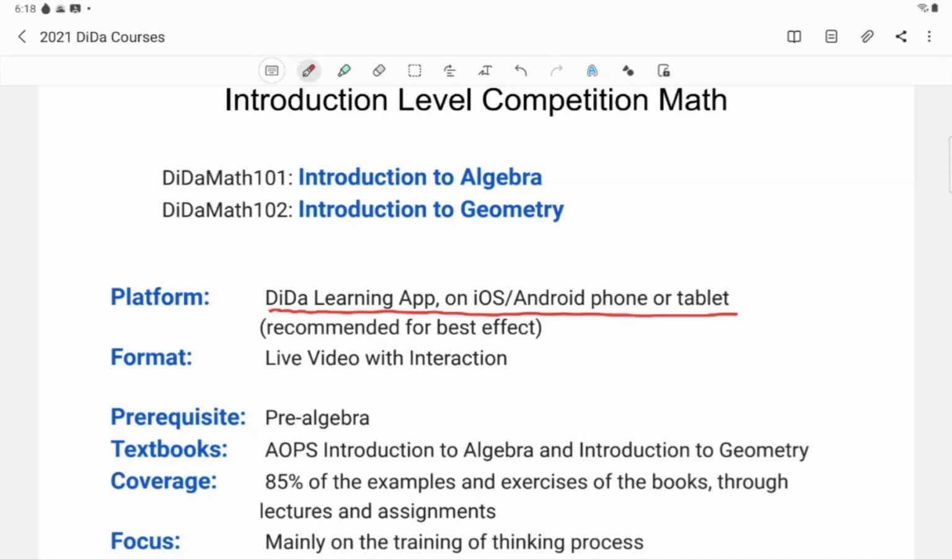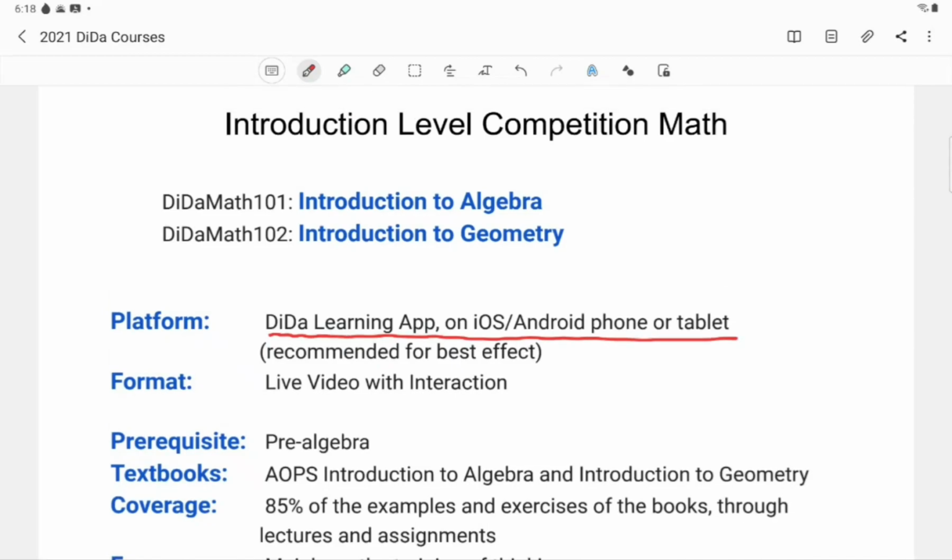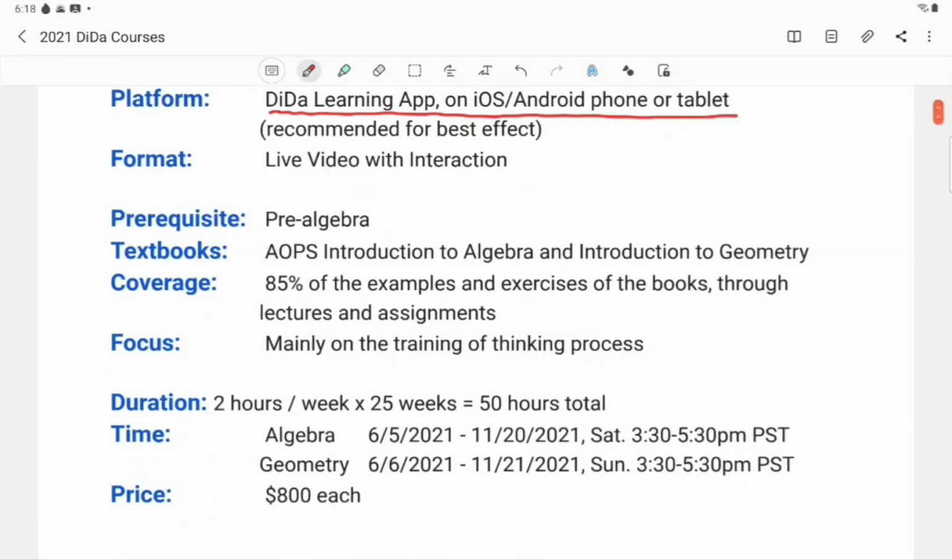First, let me talk about the introduction level competition math, which is introduction to algebra and introduction to geometry. The prerequisite for both is just the completion of pre-algebra. The textbooks I'm going to use are the AoPS Introduction to Algebra and Introduction to Geometry, respectively.